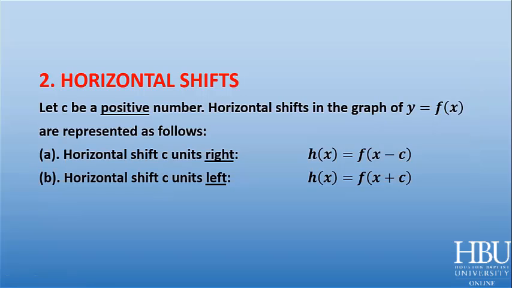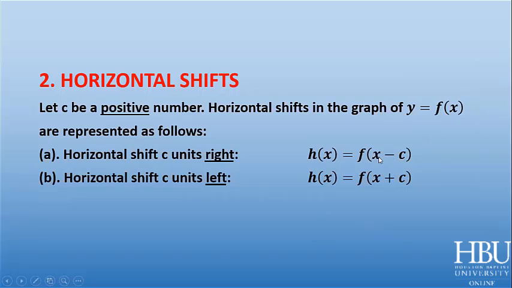Now let's talk about horizontal shifts. For some students, horizontal shifts at first glance seem a little bit counterintuitive, but I think in a minute you'll easily see why they work the way they do. Again, we're going to let c be a positive number, and if we start with a function f of x and want to shift the graph of f c units to the right, our new function h of x would be f of x minus c.